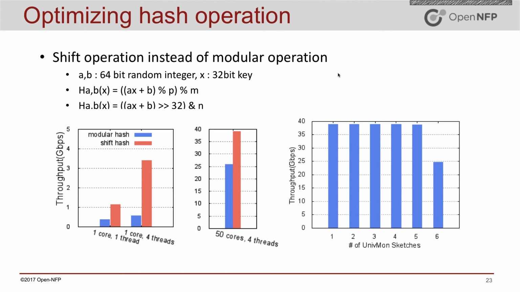We can get line rate with the shift operation, but not with the traditional modular hash function. Again, this was a surprising result. We didn't expect this to be a bottleneck. So if there is indeed a native hardware hash function, chances are you wouldn't have to go through these hacks.